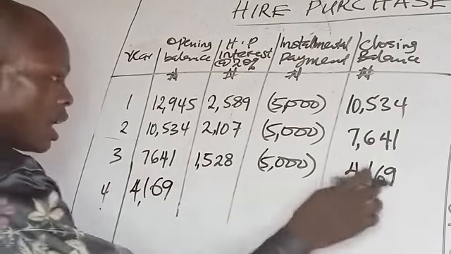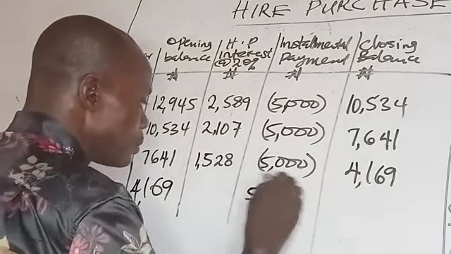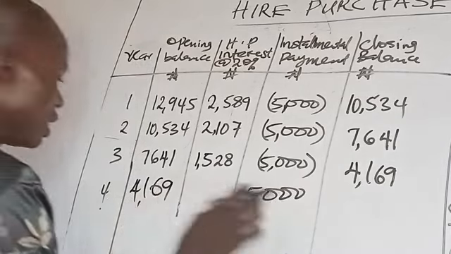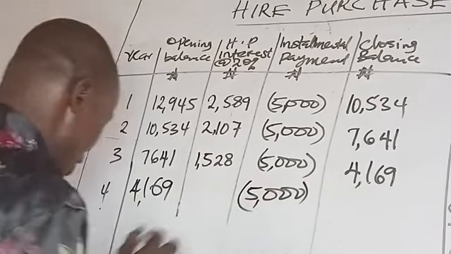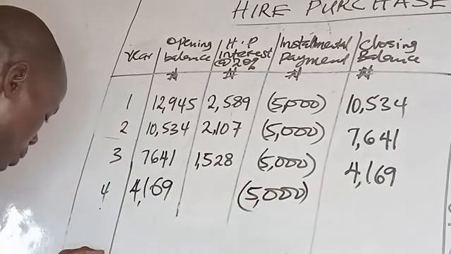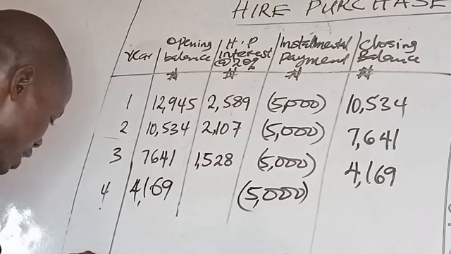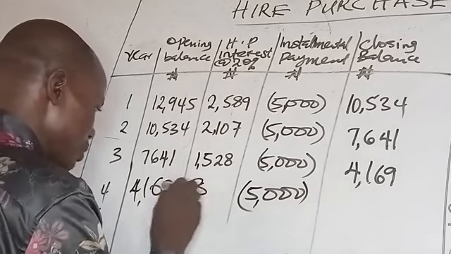4,169, and the installment payment is 5,000. The difference between the opening balance in year 4 and the installment, 5,000 minus 4,169, is 831.